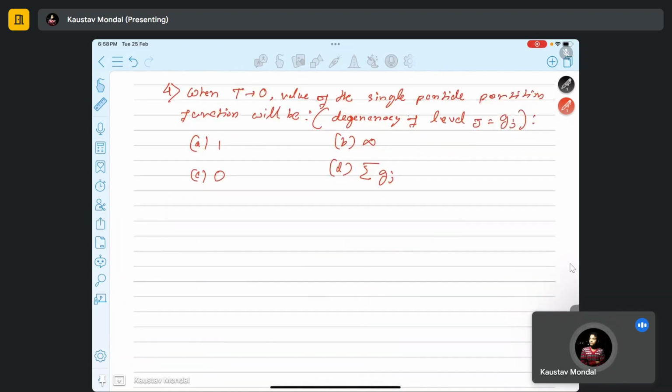Now in order to solve this problem, you first need to know some concepts about statistical mechanics. You need to have a good idea of it. One of the important things is called the partition function.